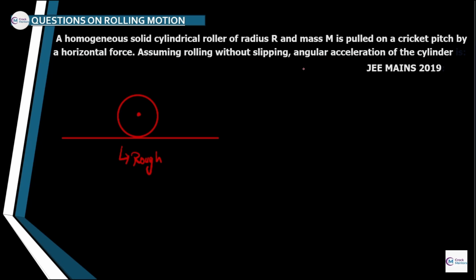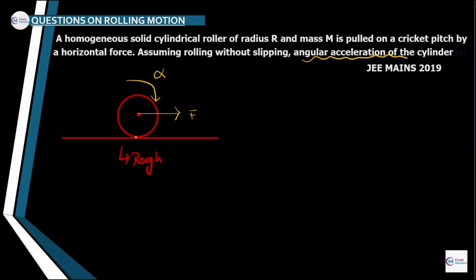There should be something more mentioned regarding the horizontal force, but that's not an issue. Since it isn't mentioned where the horizontal force is applied, we can assume it is applied at this point. The force is F. What is the angular acceleration of the cylinder? That is the question asked to us.